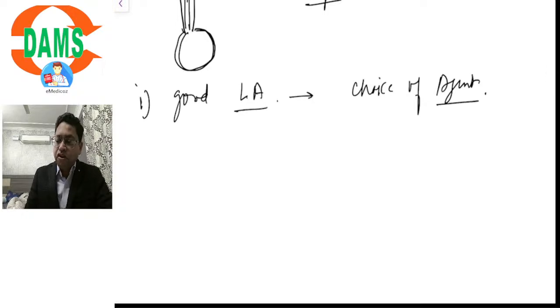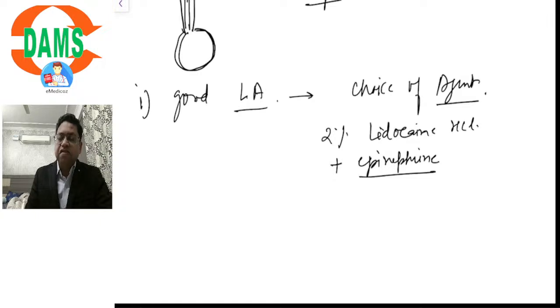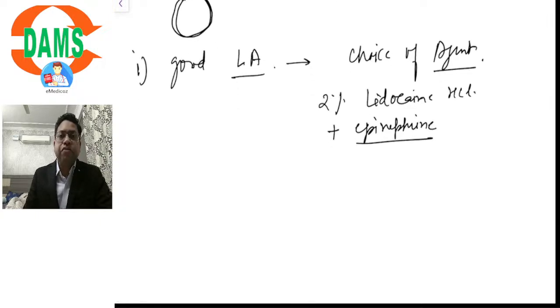Whatever we use, normally we use 2% lidocaine hydrochloride. This should be with epinephrine, which is a vasoconstrictor. We know that the potency of LA is increased with epinephrine as well as the potential side effects are decreased because of lesser systemic absorption.